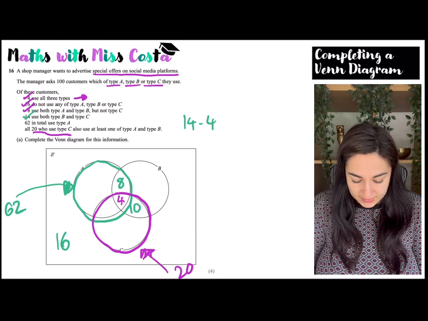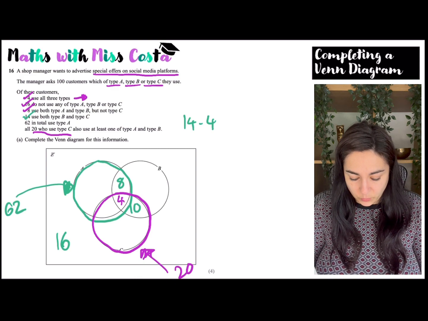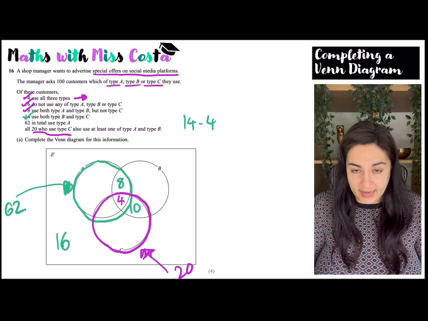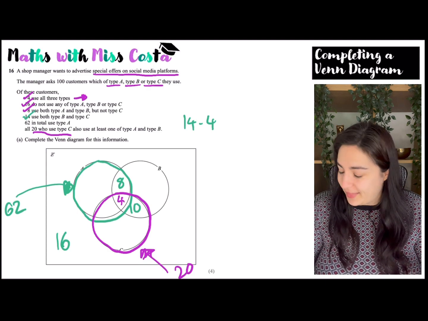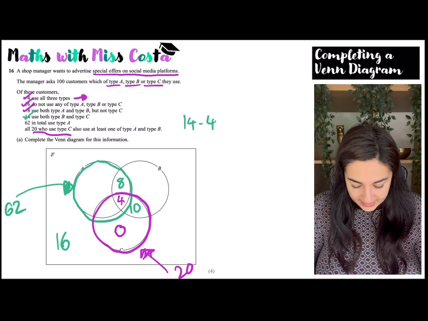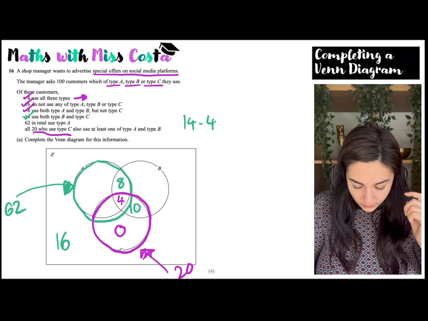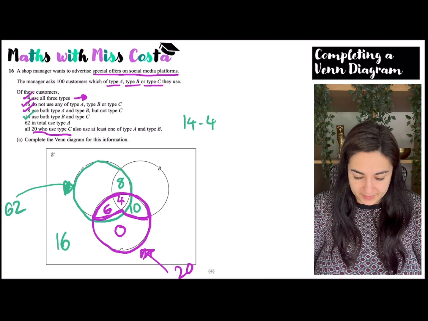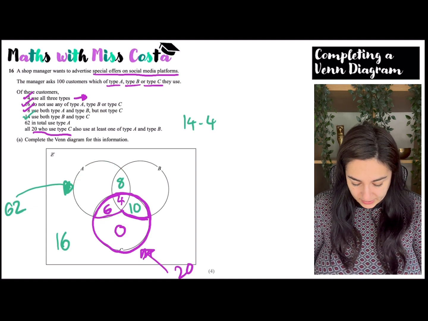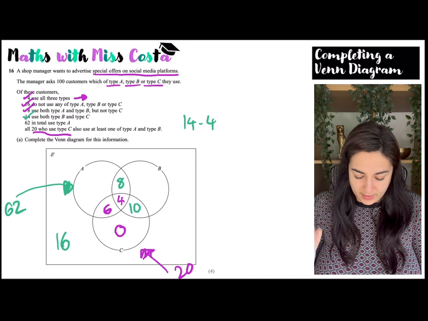All 20 who use type C also use at least one of type A and type B. So I know that there's nothing in here and that all 20 of type C must be in this bit. So 10 plus 4 is 14, which leaves 6 over here. Okay, so I filled that in.